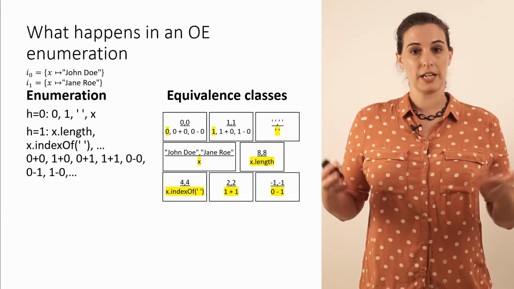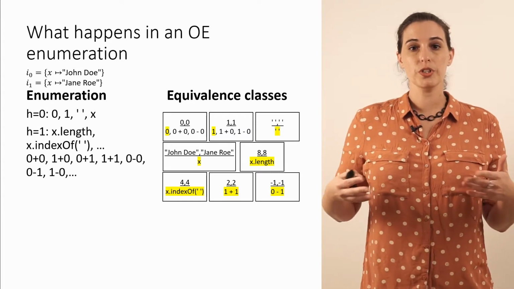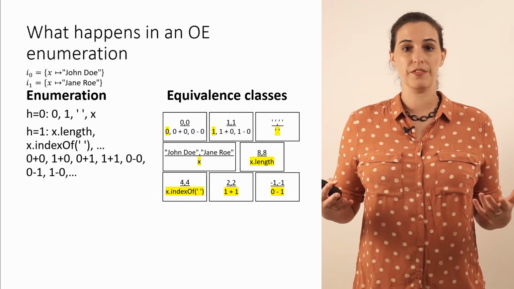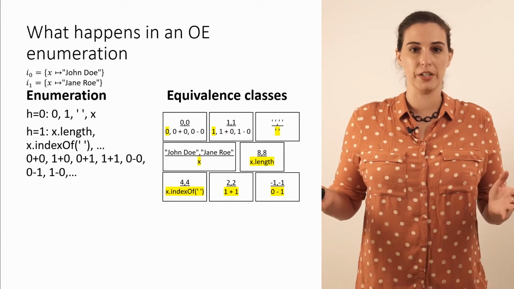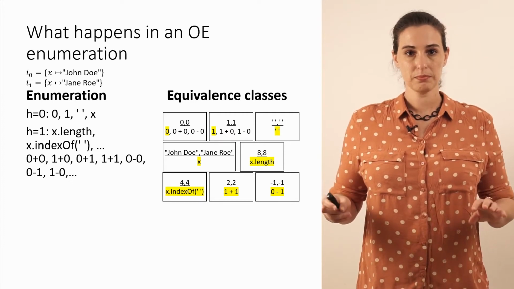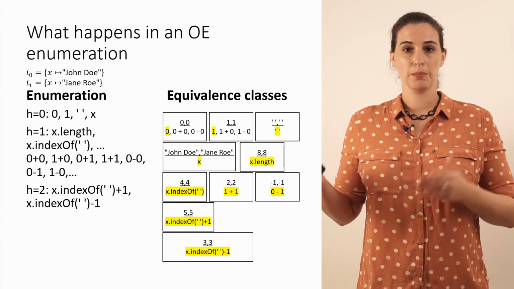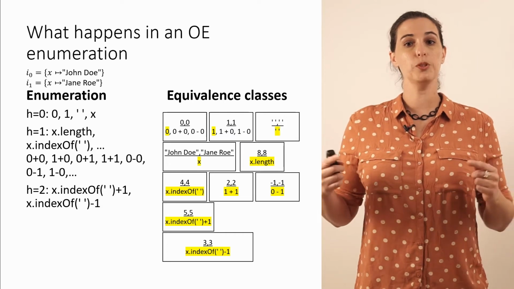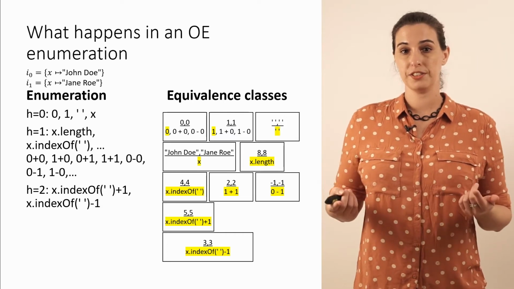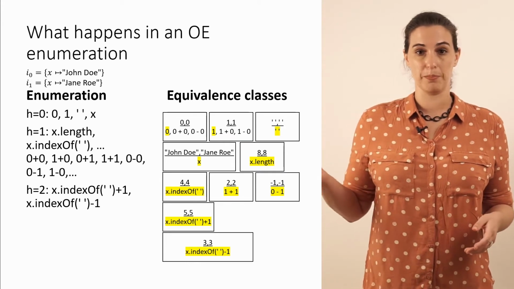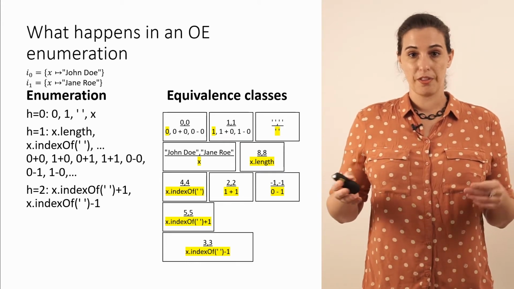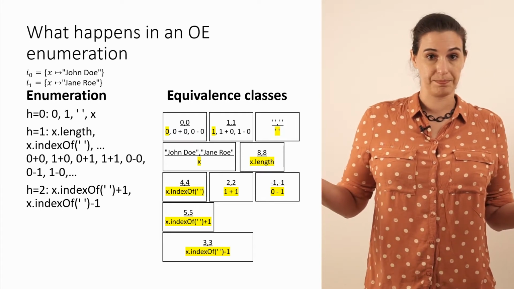In height and size-based enumerations, we're usually going to pick as our representative the first program we encounter for an equivalence class for technical reasons. So at height 2, we combine programs with height up to 1 and get, for instance, the index of space plus 1, which we need for our target program, and also the index of space minus 1.